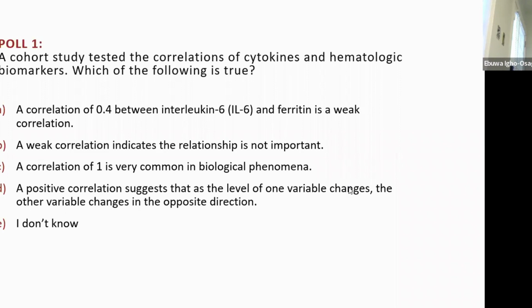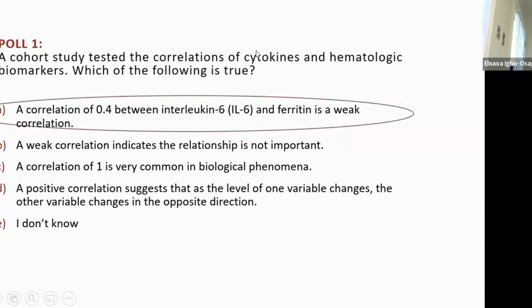Okay, so I think we're good, and the reason is because we're going to dwell a little on this. I'm going to ask someone who, okay, let's look at the answer. Can we share results? Okay. So we have 63%. Okay, so 63% of people chose that a correlation of 0.4 between interleukin and ferritin is a weak correlation.